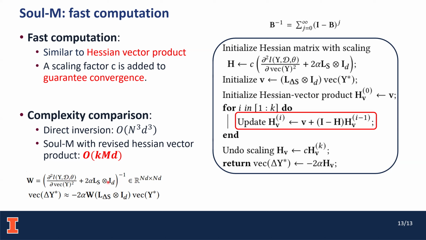So we apply a similar strategy as in the Hessian vector product to speed up the process. The Hessian vector product is to calculate the multiplication between a matrix inverse and a vector.